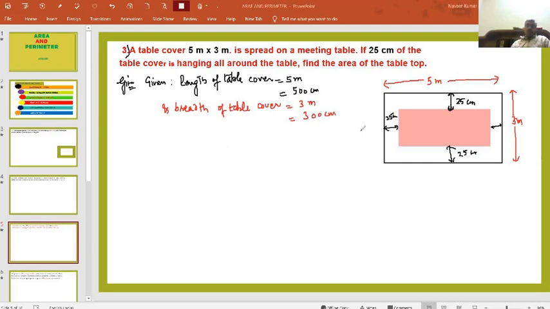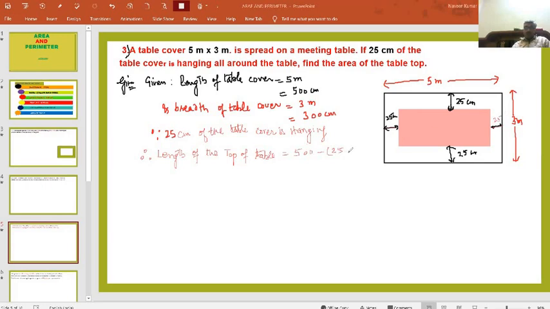Now, we want to find out the length of the top of the table. Because 25 centimeters of the table cover is hanging, the length of the top of the table is equal to what? 500 minus 25 centimeters.